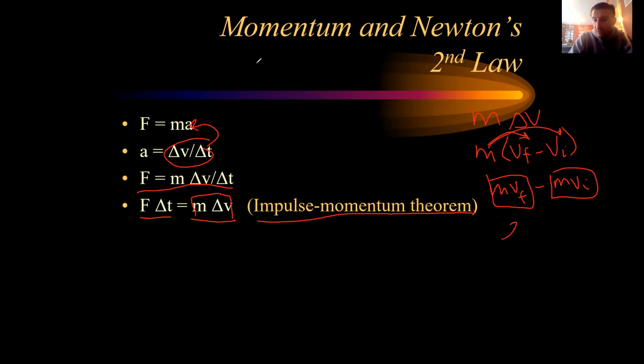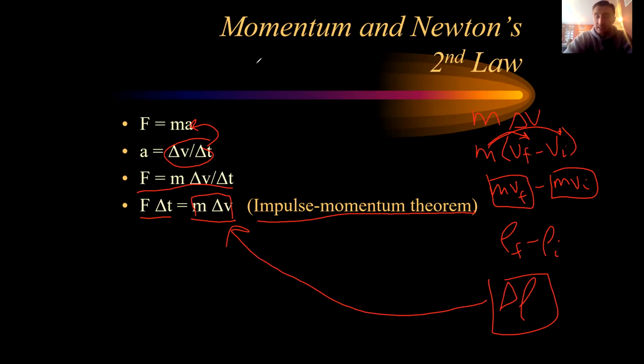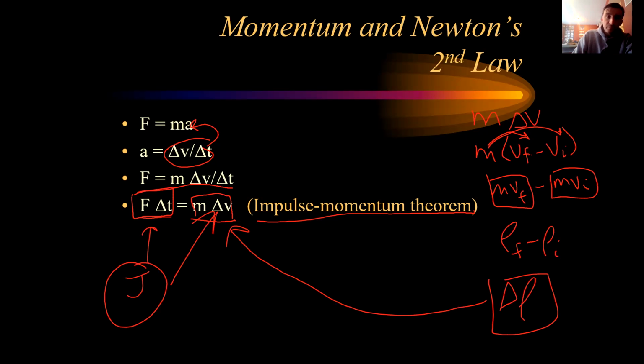Oh, it's momentum. And this is final minus initial. Anything final minus initial is change in momentum. So that's why this right side is the same thing as saying change in momentum. F delta t, we remember, is J. It's impulse. So that's how I can say impulse is equal to the change in momentum. This is the impulse momentum theorem. Yeah, F delta t is impulse.